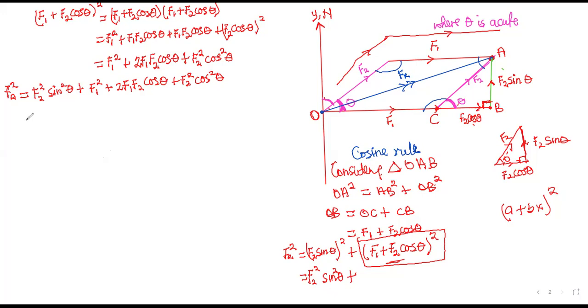Let's group like terms. So F1 squared plus F2 squared. Oh, sorry, there's F2 in front of the sine squared. Hold on, let me clear this part and correct.